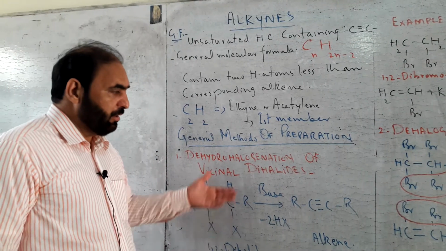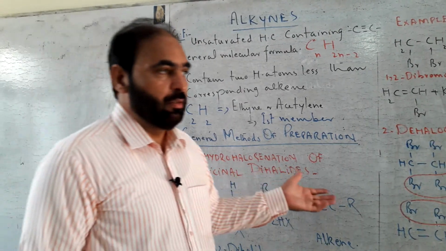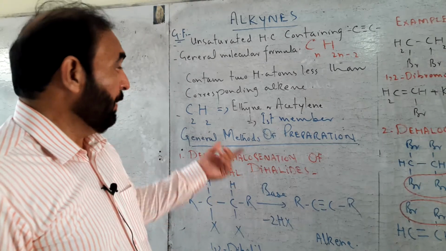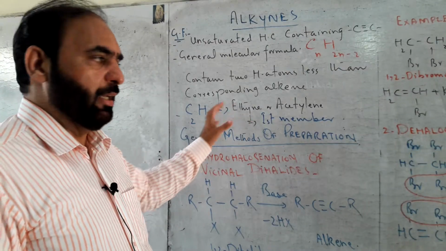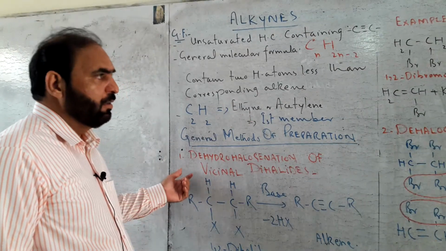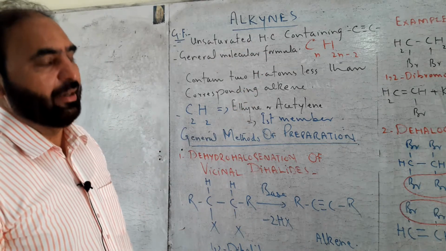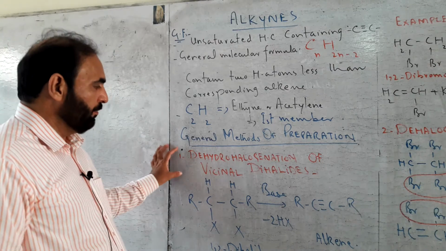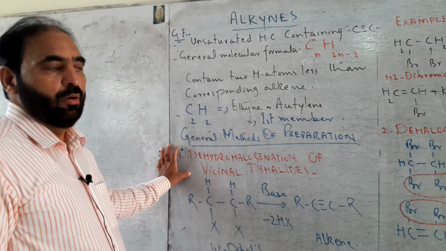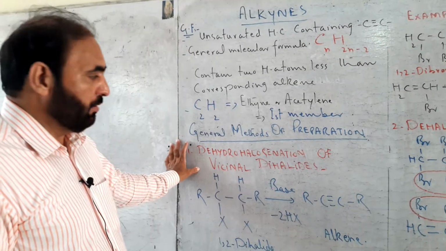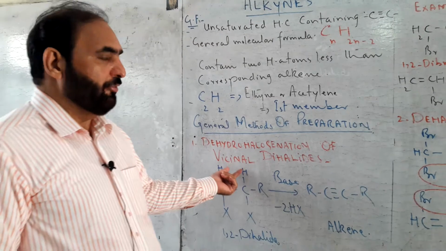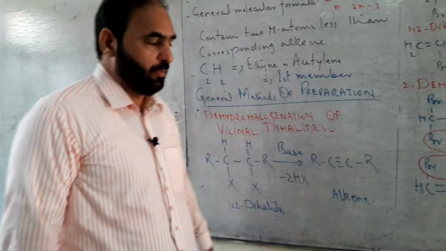So let us study how can we prepare alkynes, especially ethyne, by general methods. There are 3 general methods for the preparation of ethyne. First one is dehydrohalogenation of a vicinal dihalide.